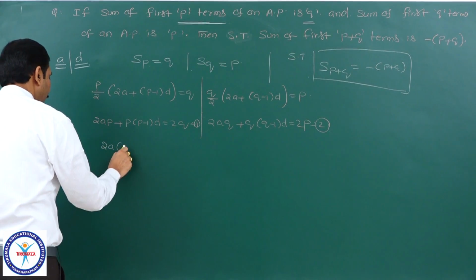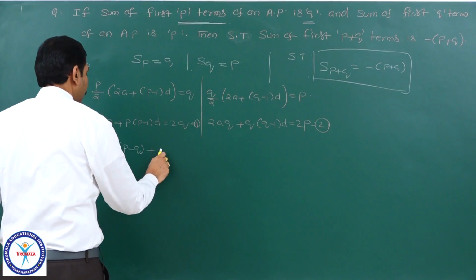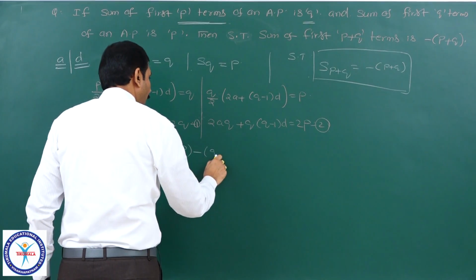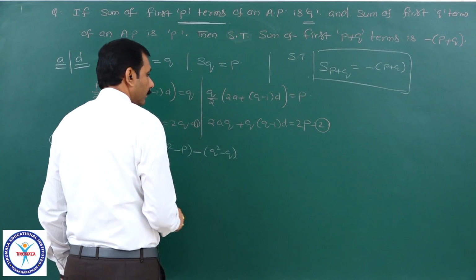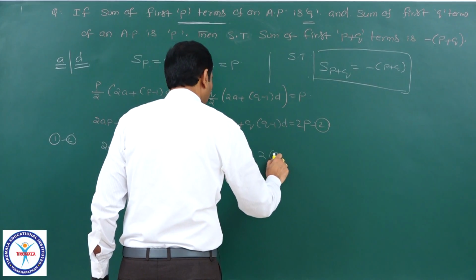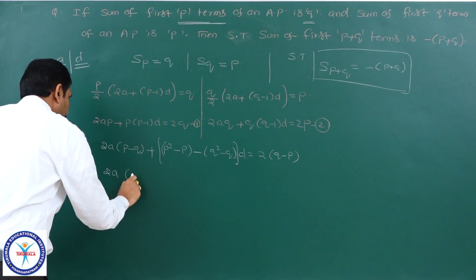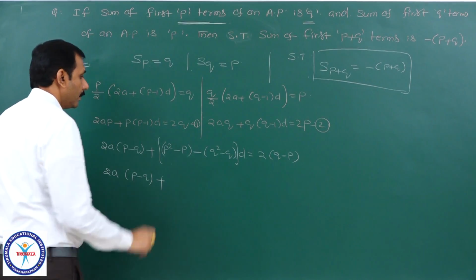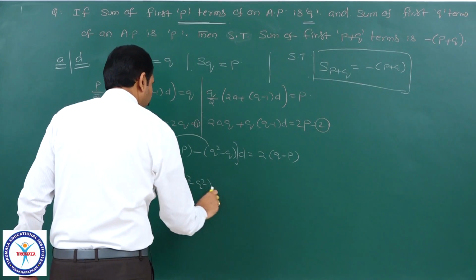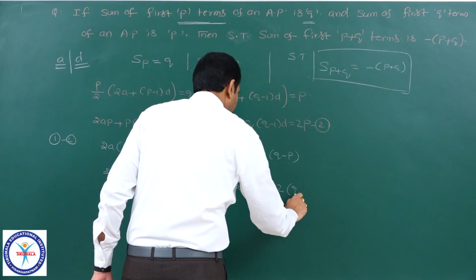It is 2a into (p minus q) plus d, taking common, (p square minus p) minus (q square minus q) into d, equal to 2 times (q minus p). Here 2a into (p minus q) plus (p square minus q square) minus (p minus q) into d is equal to 2 times (q minus p).